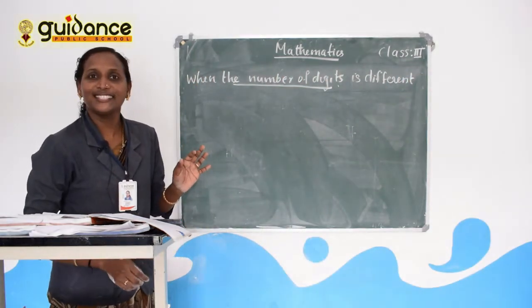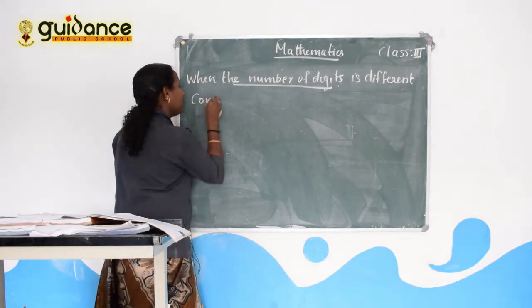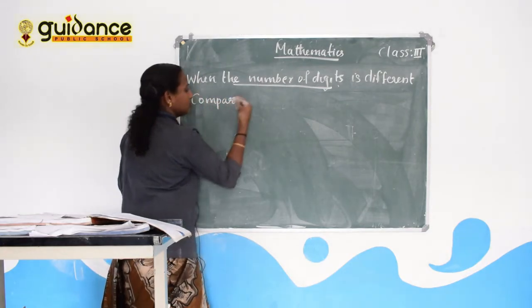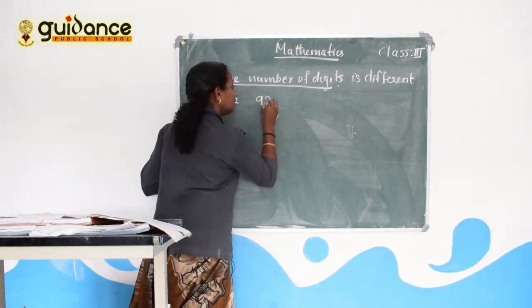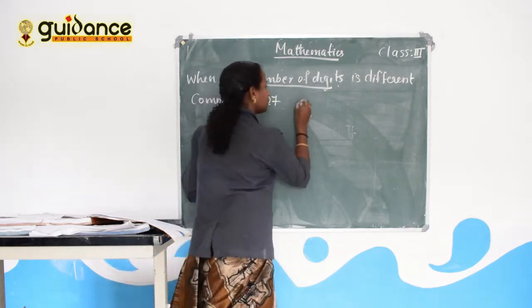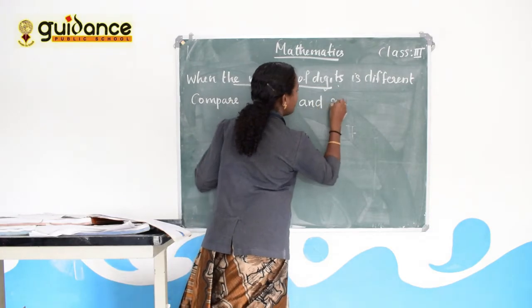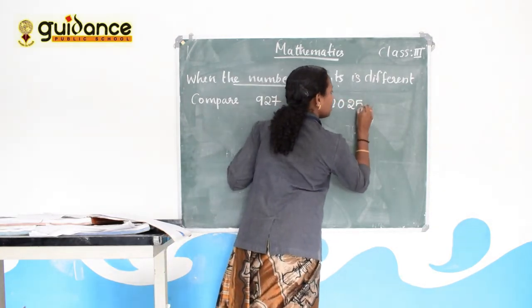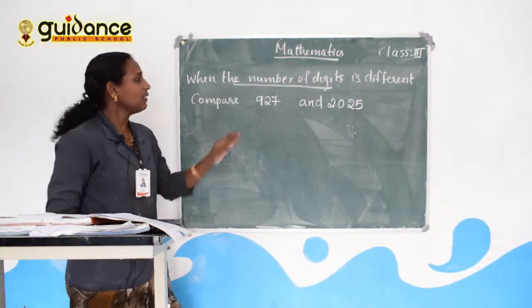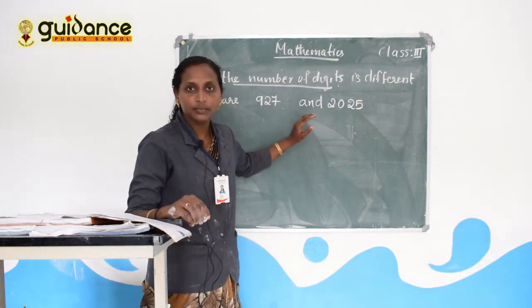So I'll give you one example. Compare 927 and 2025. We will compare these two numbers.